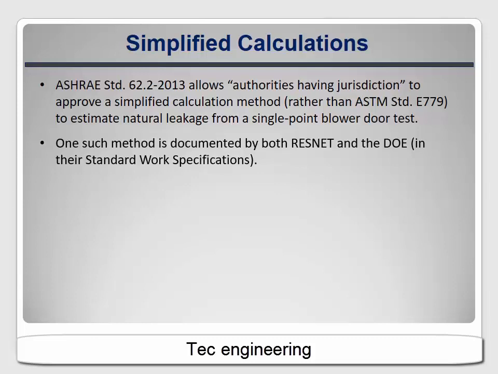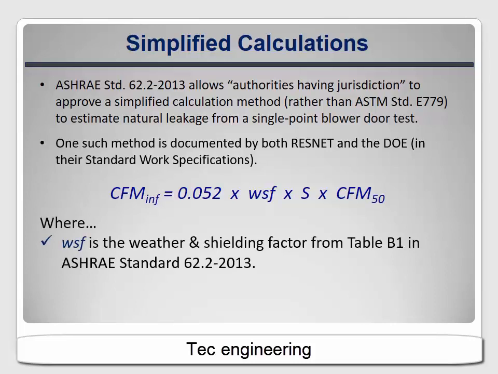It states that the infiltration rate at natural conditions can be estimated as CFM infiltration equals 0.052 times WSF times S times CFM 50. In this equation, WSF is the weather and shielding factor from table B1 at the end of standard 62.2.